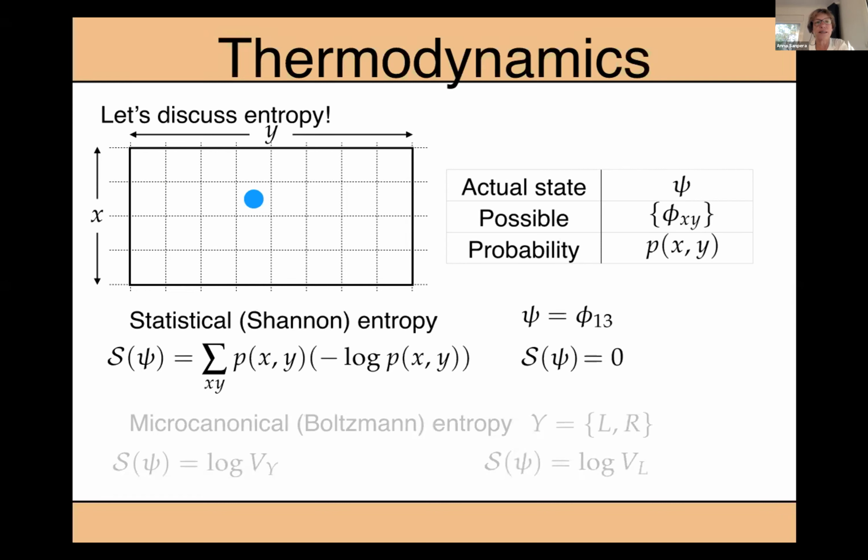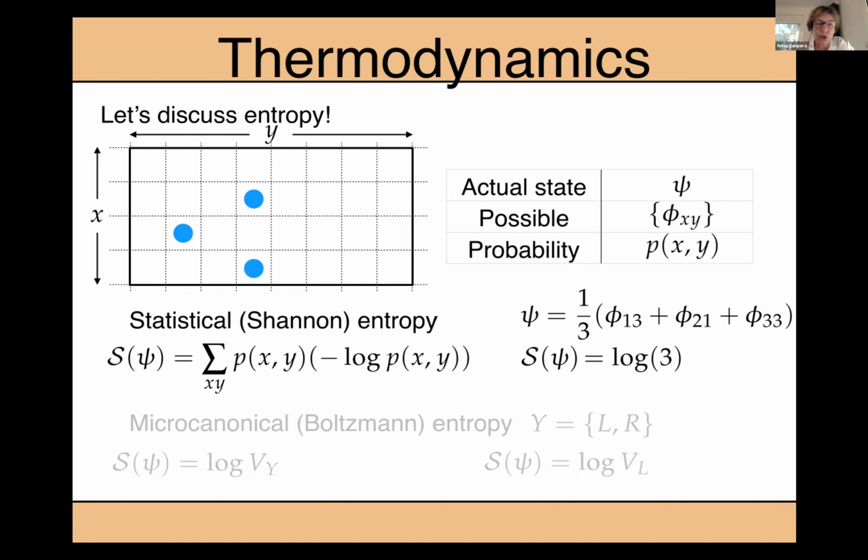So if the state is in a single place, everything is known, the probability is 1, and the entropy is 0. But if we have a combination of possible states, then the statistical or Shannon entropy is different from 0.